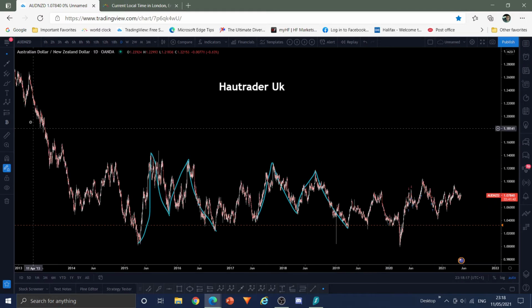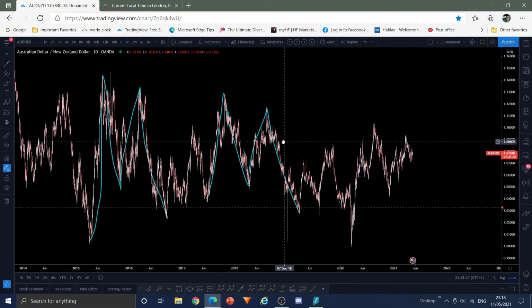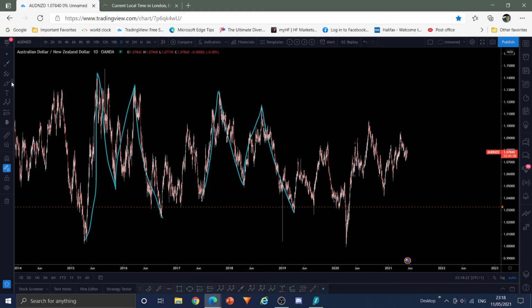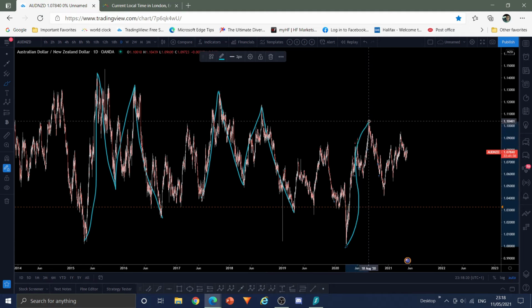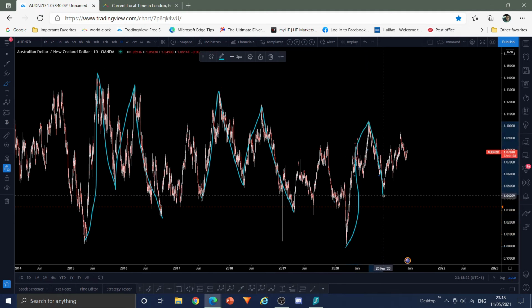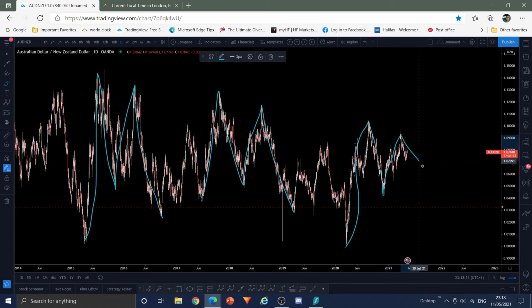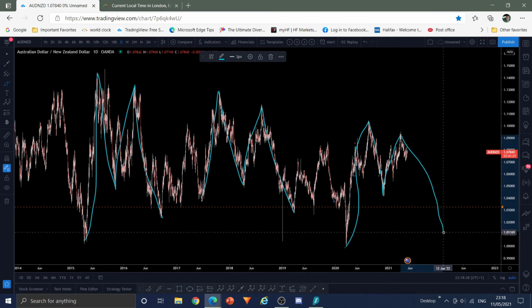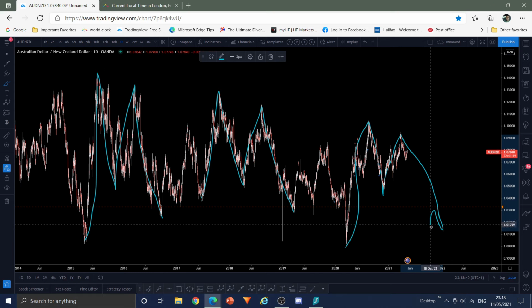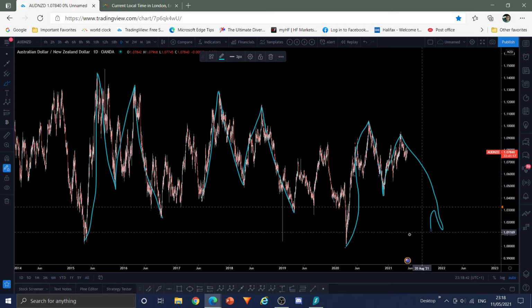So now let's just move the price to the left here, and let's show you what's transpiring now. We have this move here, impulsive move, correction, potential correction, guys.